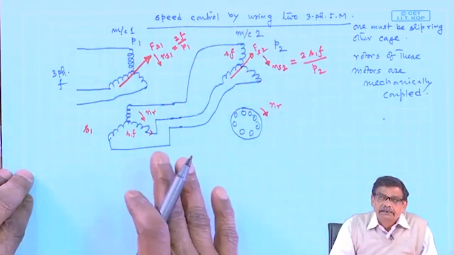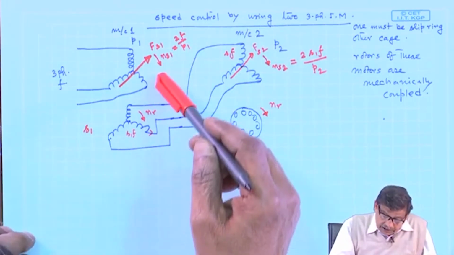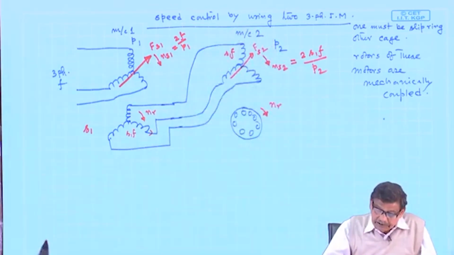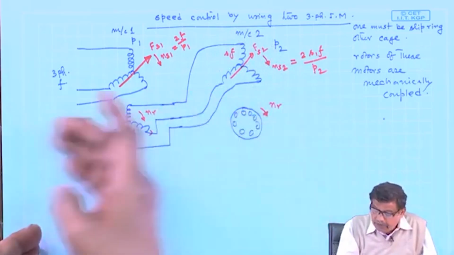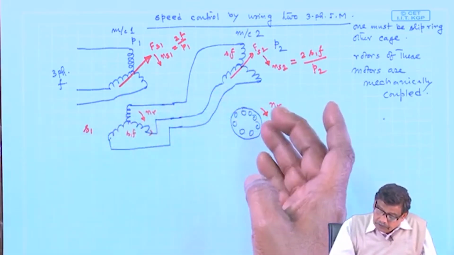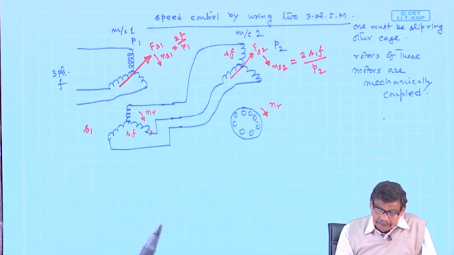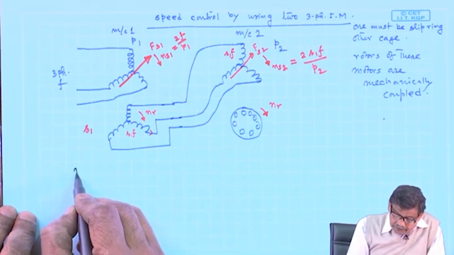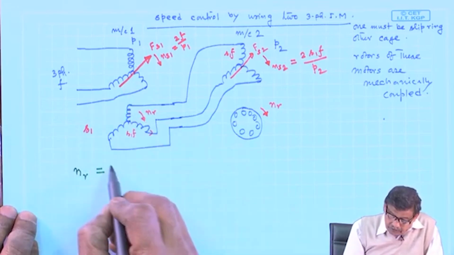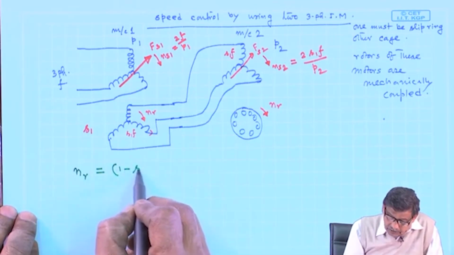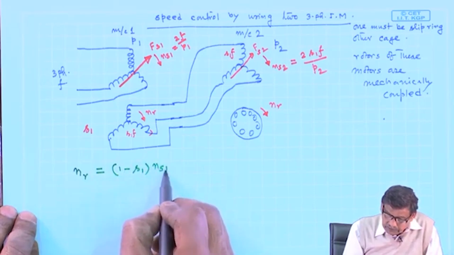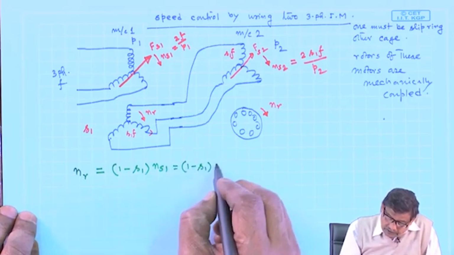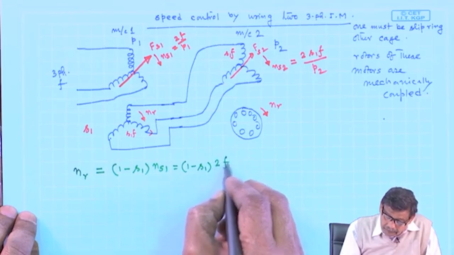So, this will be the situation: from the rotor of the first machine, you supply the stator of the second machine, and both these machines are mechanically coupled. So, the speed is nr like this. Now, we write down the value of nr from this machine. Nr will be equal to (1 minus S1) into ns1, and this is equal to (1 minus S1) into 2f by P1.